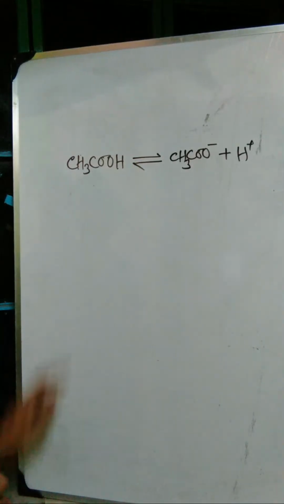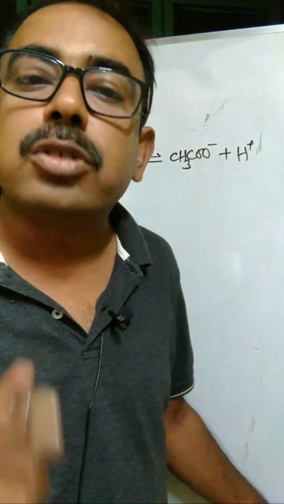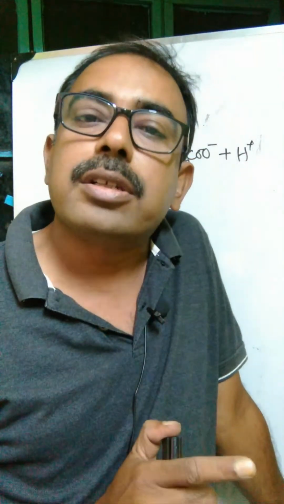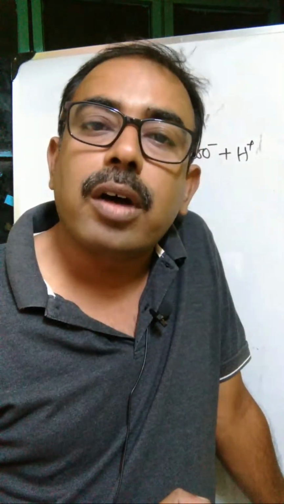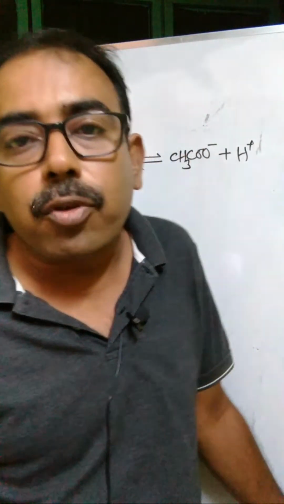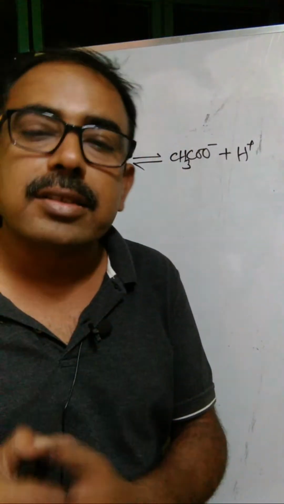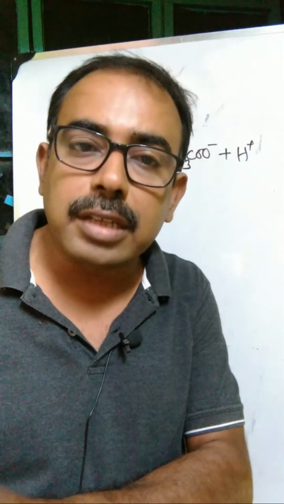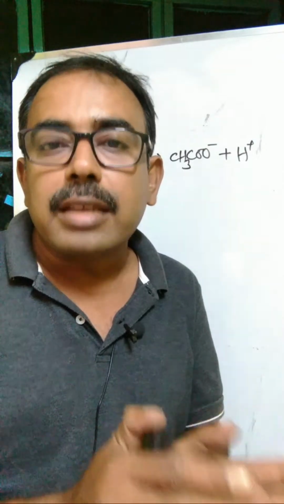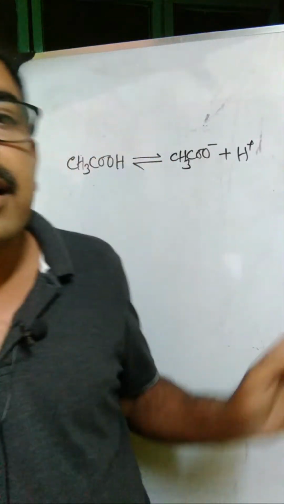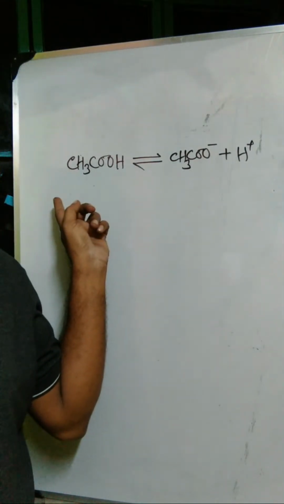I said earlier that it has a degree of dissociation. For a weak electrolyte, the degree of dissociation is the extent to which it can dissociate into ions. So after forming the maximum number of acetate ions and H plus ions that can be formed by acetic acid at that particular concentration, the excess acetic acid molecules that dissociate into acetate ion and H plus ion combine with each other to give back undissociated acetic acid molecules.